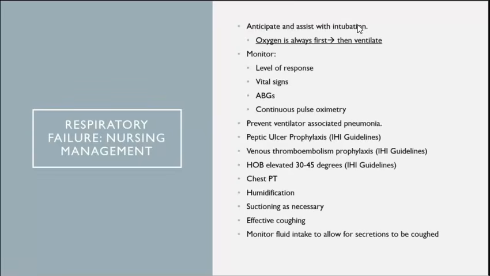We're going to go from least invasive to most invasive. So least invasive is sitting them up, giving them oxygen. The next step could be putting them on high flow or a non-rebreather. The next step could be CPAP, BiPAP. And then the next step would be intubation.